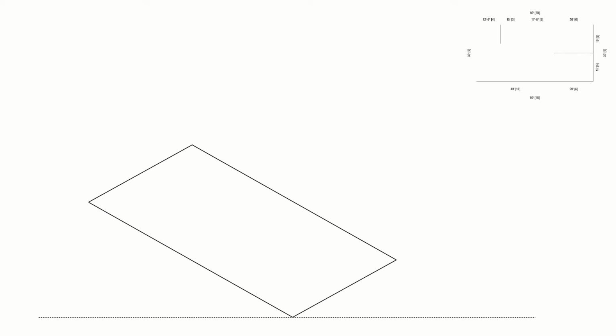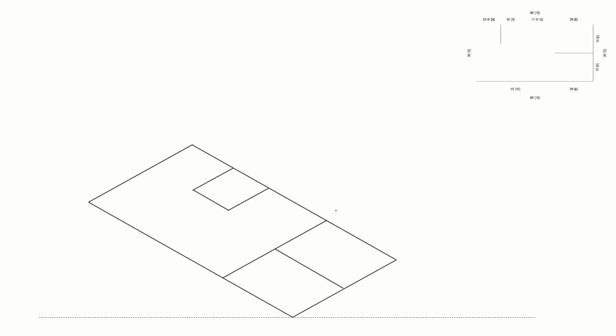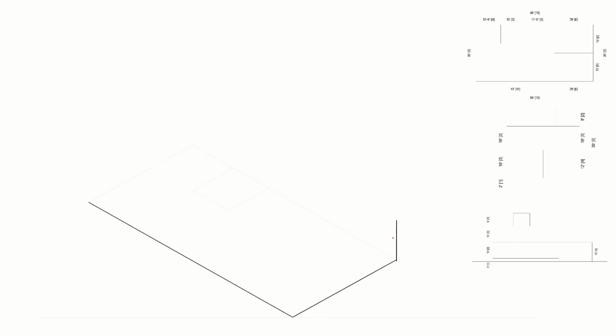Once you have done the base, do all the detailing that you have in the plan, basic outlines. Once base is ready, you can start constructing the 3D. Add height information, add this side, another side.